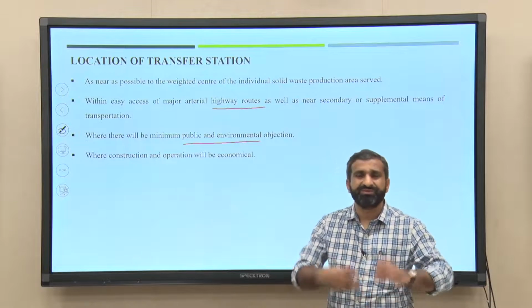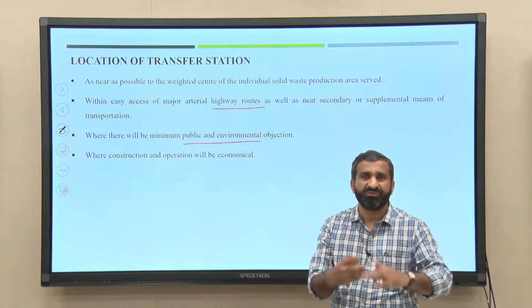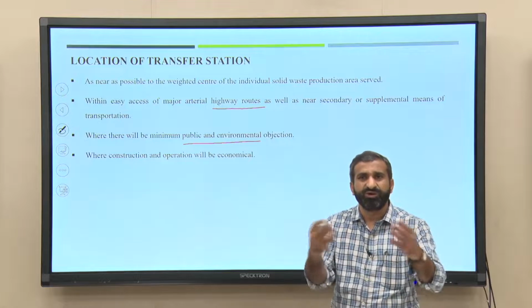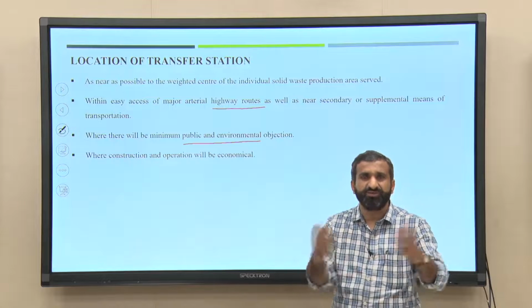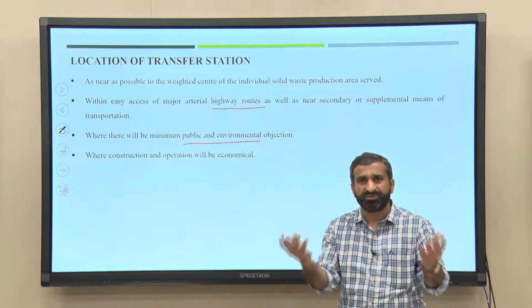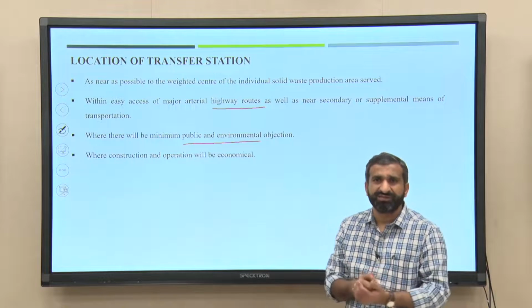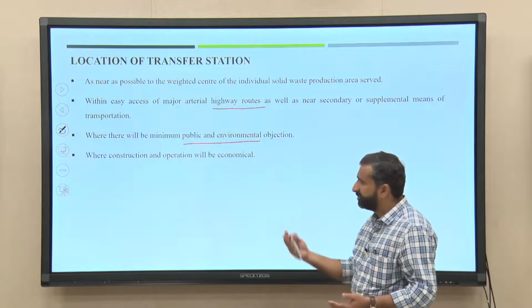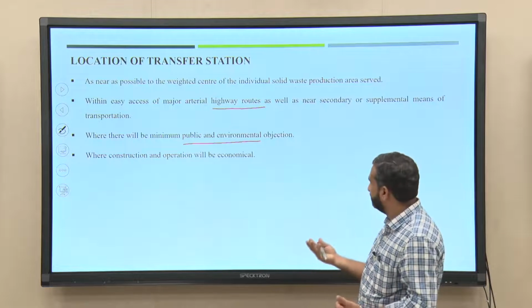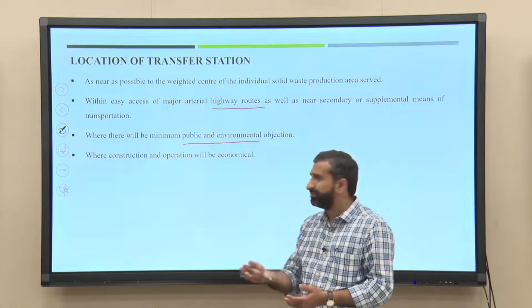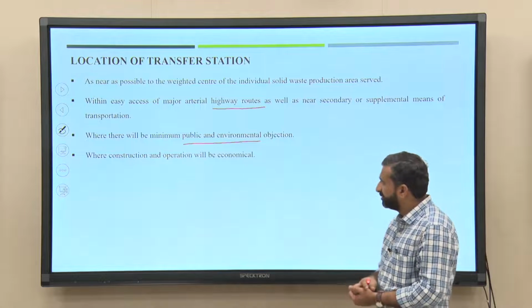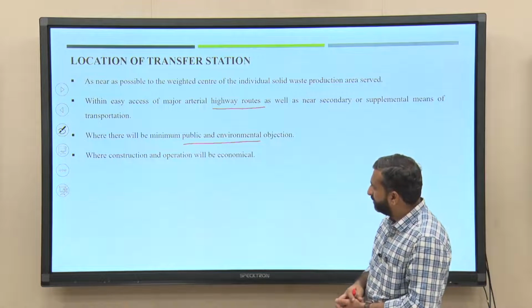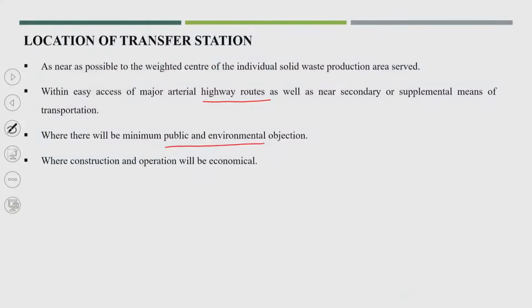Even environmental objections will not come up, because there is no storage. There will not be any leachate production or odor production in such cases. Because of that, I think we will not get much objection for the transfer station, and the construction and operation will be economical.